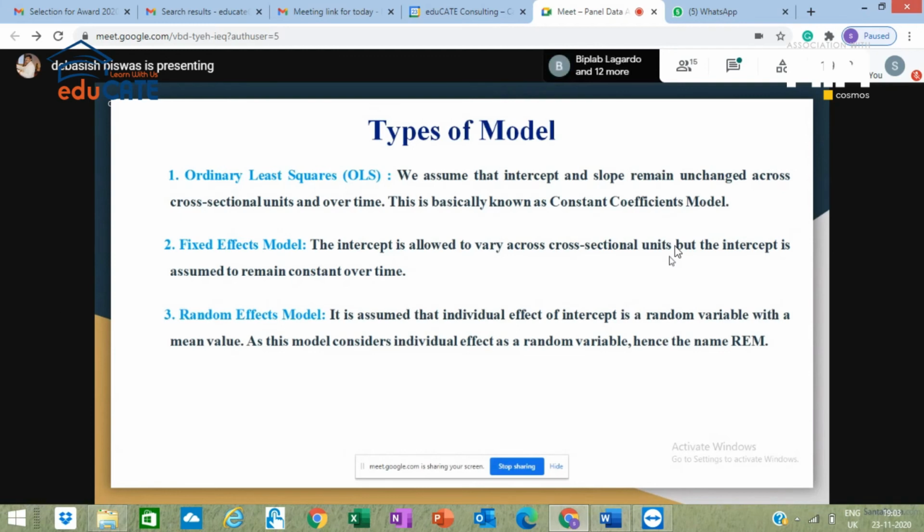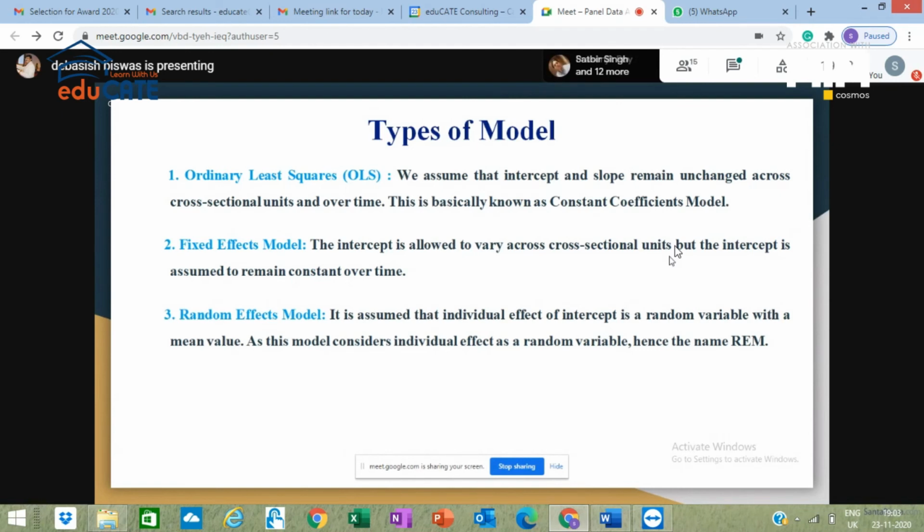Now the question is, why will we learn these 2 software? Because some researchers already know eViews, so for them it will be very fruitful to use the same software to solve the panel data problem. And for learners who do not know eViews, they can also understand eViews as well as data. So it will be an added advantage for them also.